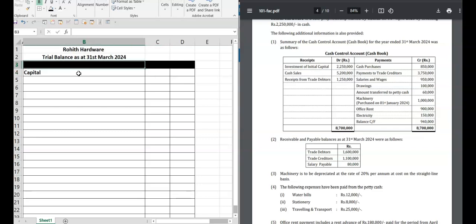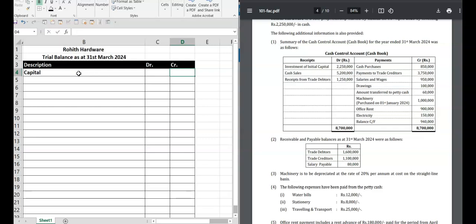So let's name this also as description or account name, you can say, and this is debit, you can say DR, and credit CR. After that, let's put capital here. The capital will be in the credit side.